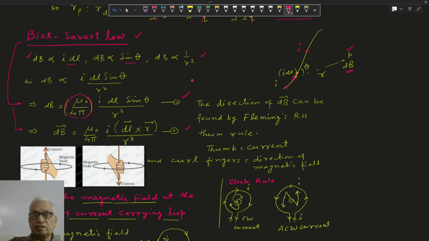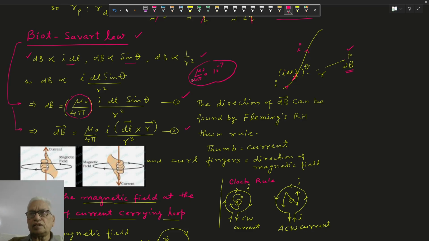So we have to learn it. Very important formula. dB, the small magnetic field, is given by mu naught upon 4 pi, Idl sin theta upon r square, where mu naught is called permeability of the vacuum. mu naught upon 4 pi is a constant whose numerical value is 10 to the minus 7.